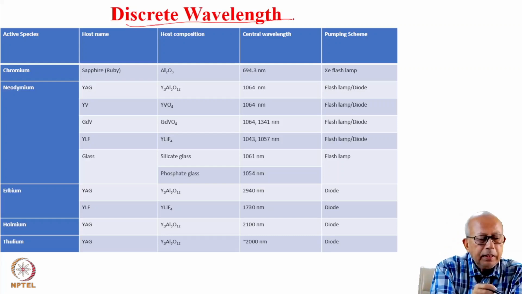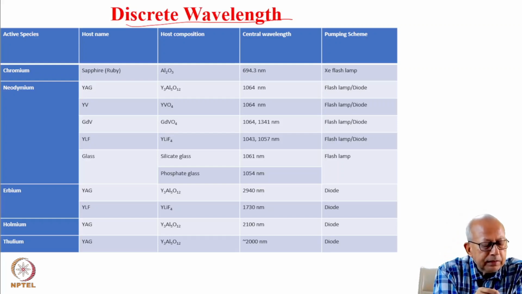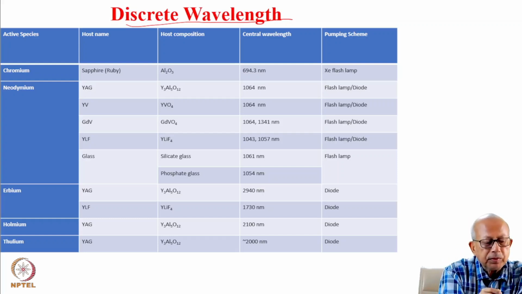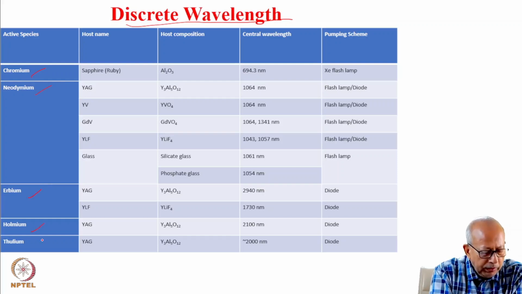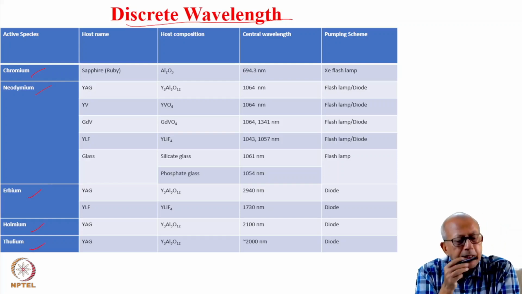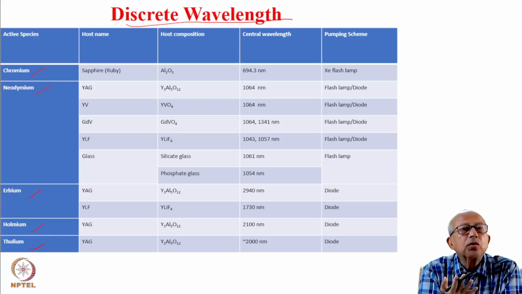This table gives some examples of solid state lasers that provide coherent light at discrete wavelengths. As you can see, there can be a number of active species such as chromium, neodymium, erbium, holmium, thulium, etc. And there can also be a variety of host materials.